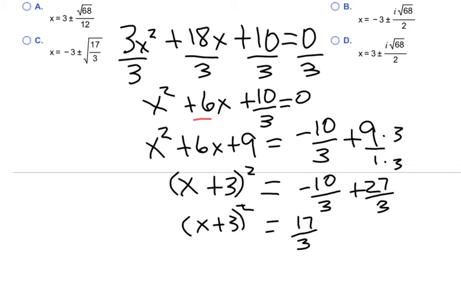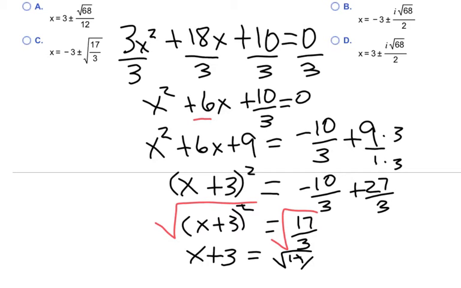Now I need to take the square root of both sides. I can do that, and I'll have an x plus 3 on the left-hand side, and I have this square root of 17 over 3 on the right-hand side. And I cannot write that legibly very well on my tablet here.